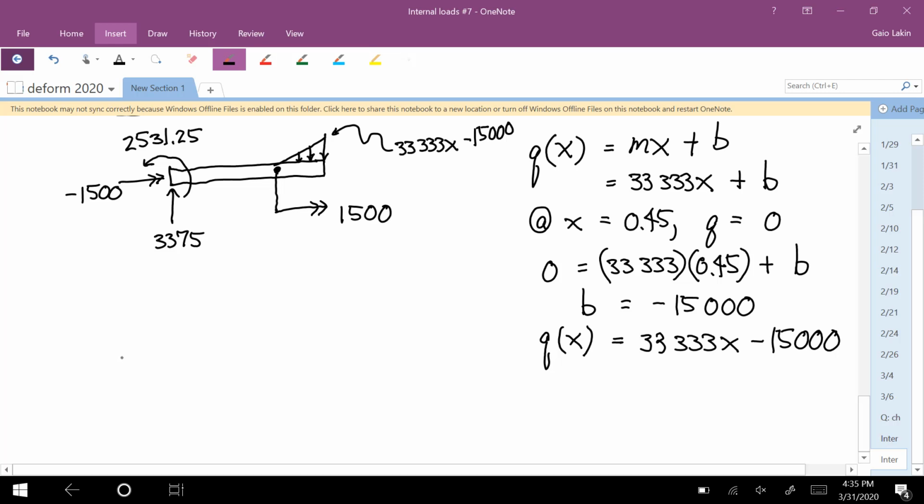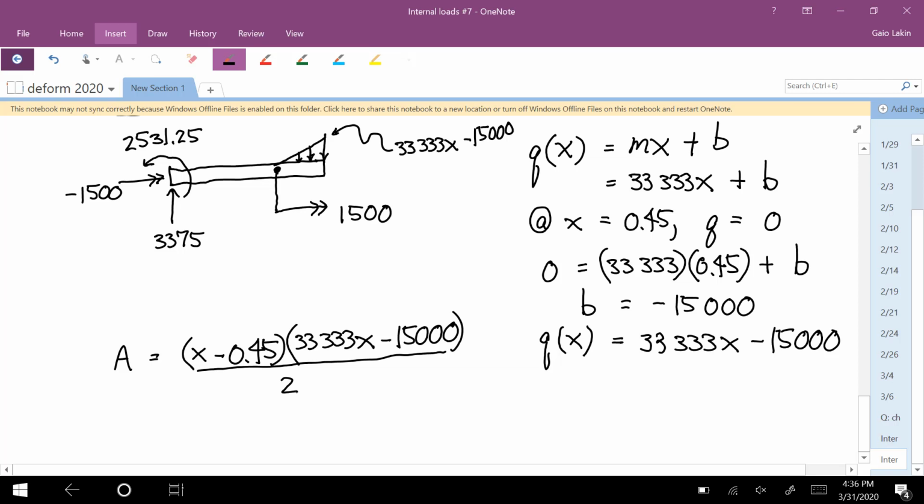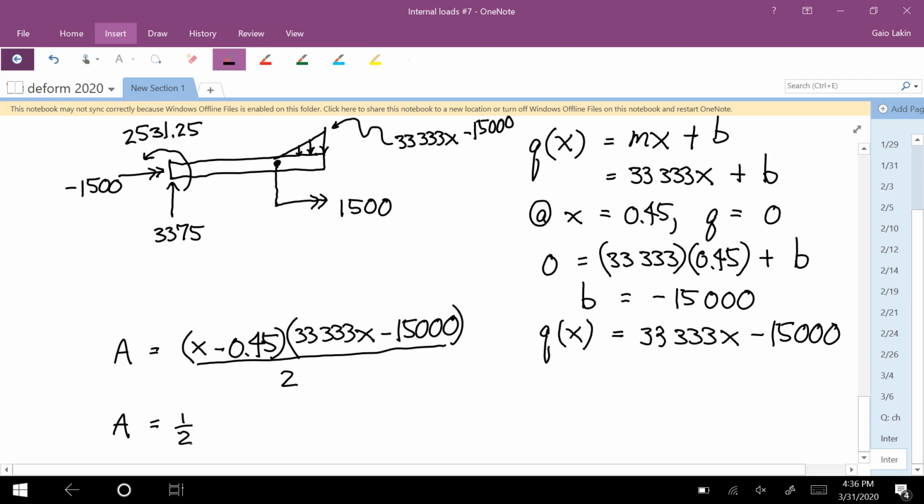Okay, well, the area of that triangle is, so what's the length of that triangle? It's x minus 0.45. The height of that triangle is 33,333x minus 15,000. So that's base times height, and then we have to divide it by 2. And so that area comes out to be, distribute these through, FOIL it, and you get, well, I'm going to do the 1/2 next.